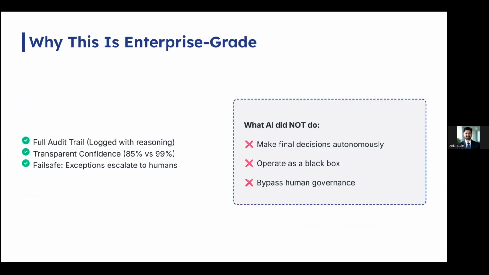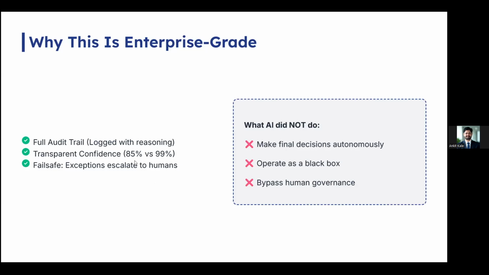Now, I'll quickly cover the next point. The most important part, which was the demo, was for you to understand why the automation I have shown is enterprise grade. Of course, it gives us the audit trail, when it is logged with all the reasoning.